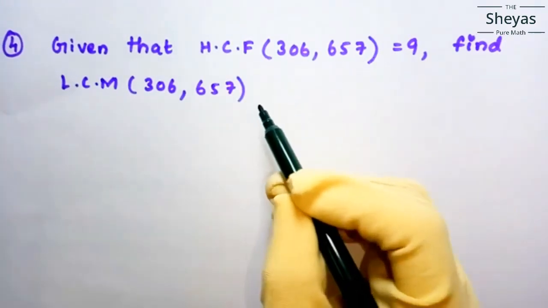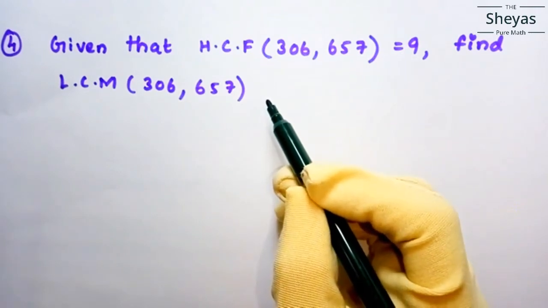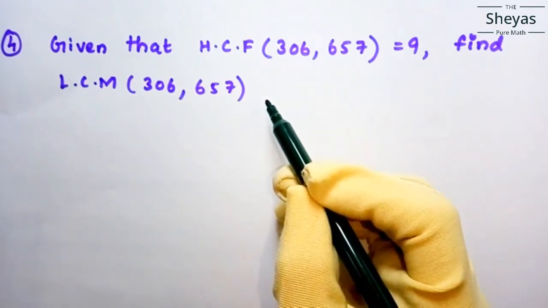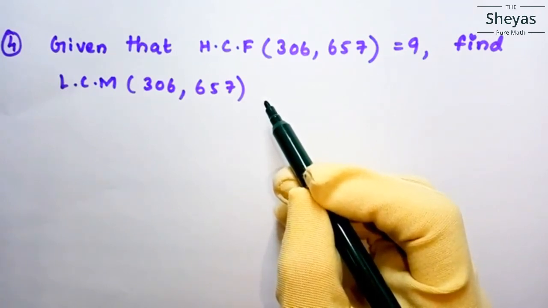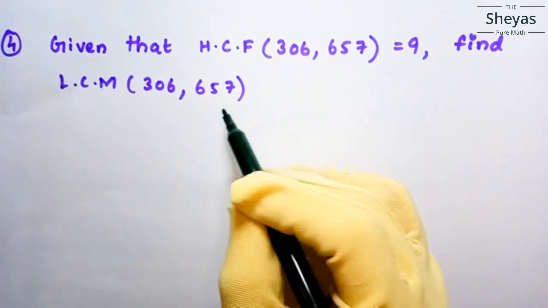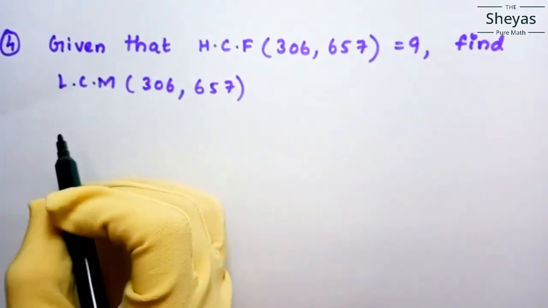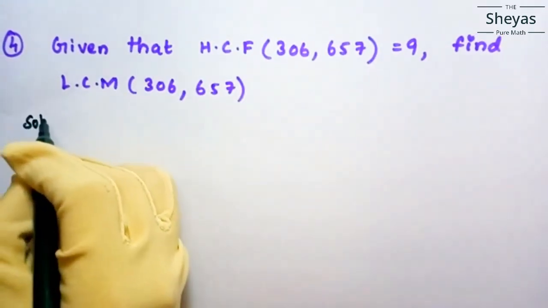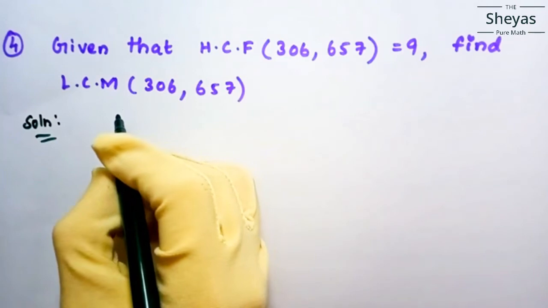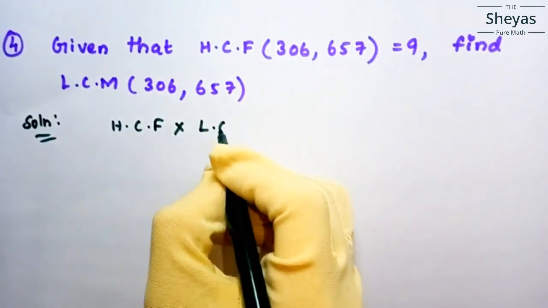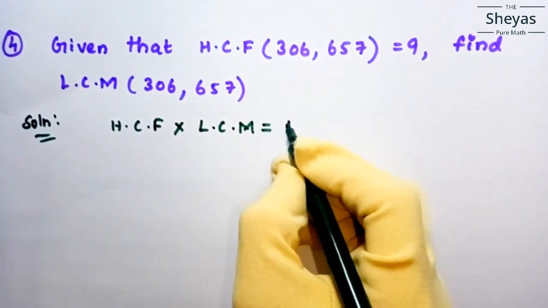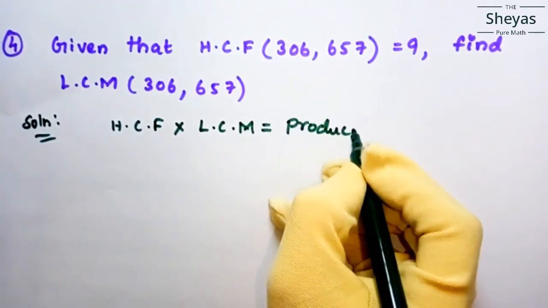So you have to apply the same property, that is, HCF into LCM is equal to the product of two numbers. Using this you are going to find the LCM. Okay, let's start the solution. What is the property? HCF into LCM is equal to the product of the two numbers.